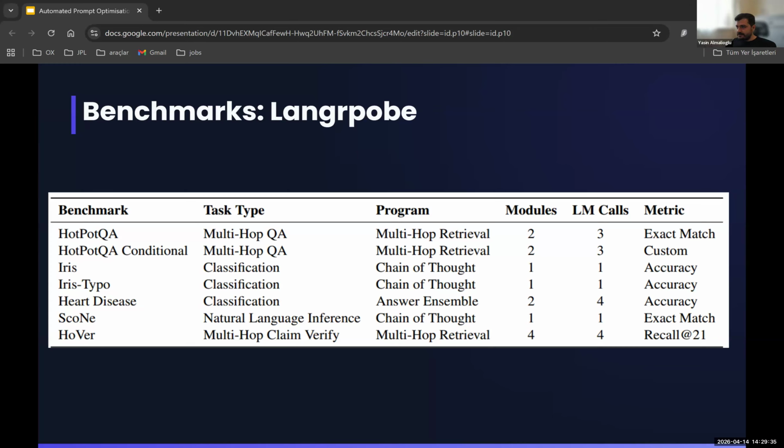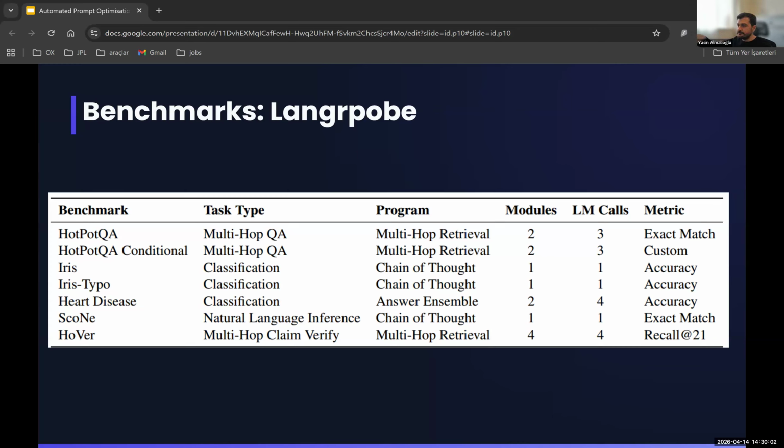There are a couple of data sets that they put into this, but I'm going to simply summarize what they are. A multi-hop data set measures whether the LLM needs to find a few things to find an answer. So the LLM cannot jump to a conclusion straight away. It needs to go through a couple of steps, then it can answer the question.